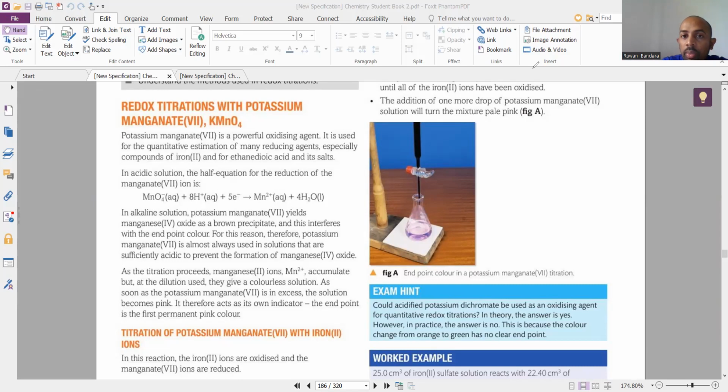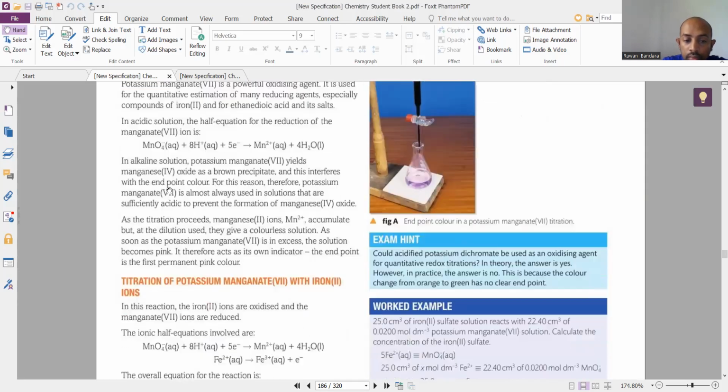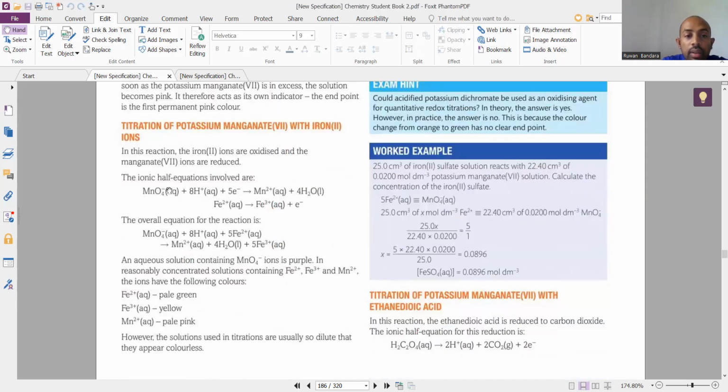Is there any doubt up to now? Okay, then the first titration of potassium manganate 7 is with iron 2. Titration of potassium manganate with iron 2.